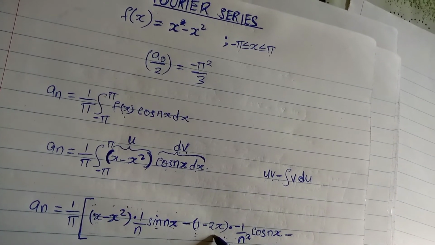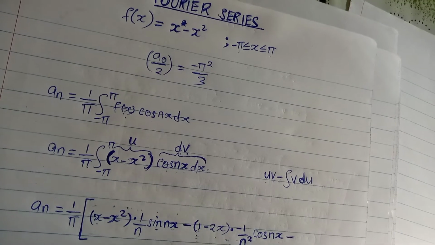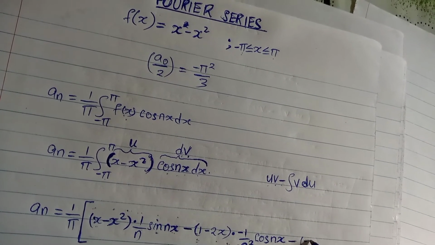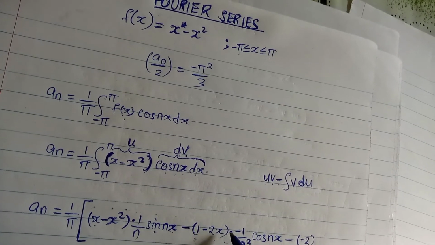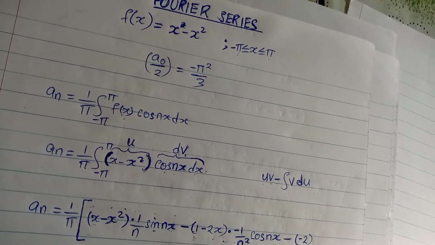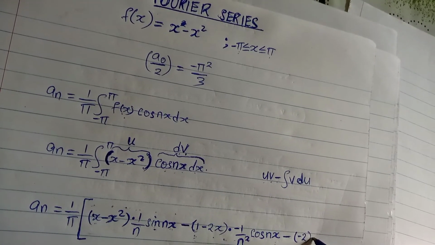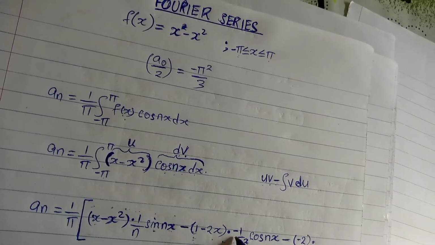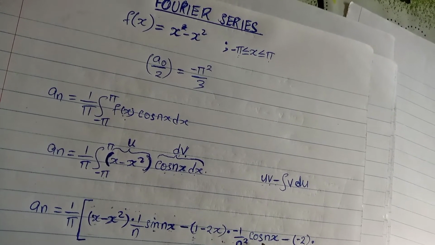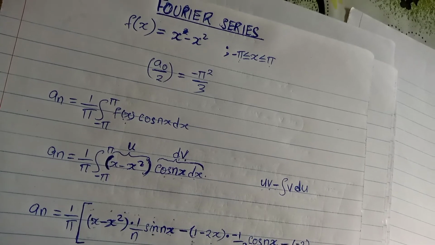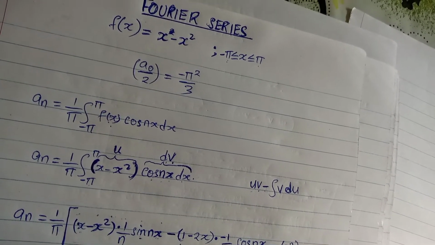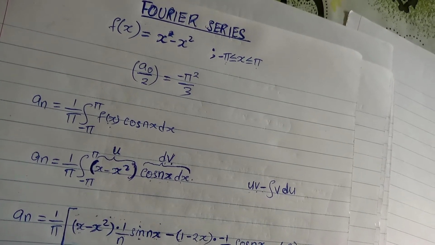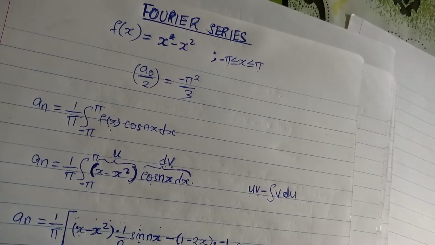Once we differentiate this term with respect to x, we get negative 2. Then we multiply with the integration of negative 1 over n squared cosine nx. When we integrate cosine nx, we get positive 1 over n sine nx.